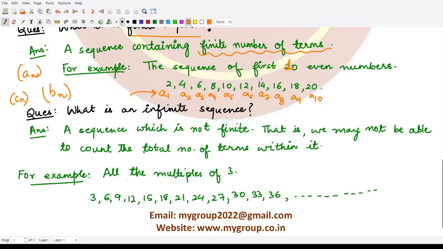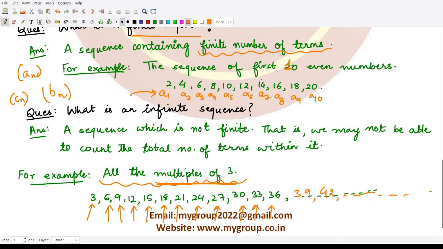For example, we can have a sequence in which all the terms are the multiples of 3. The terms of the sequence would look something like this: 3, 6, 9, 12, 15, 18, 21, 24, 27, 30, 33, 36, the next term would be 39, the next 42, and we keep on doing like this.